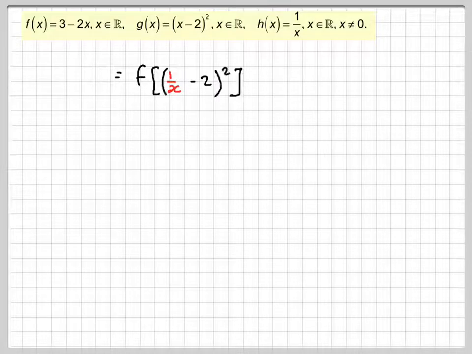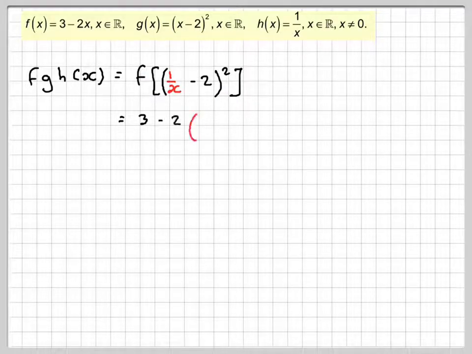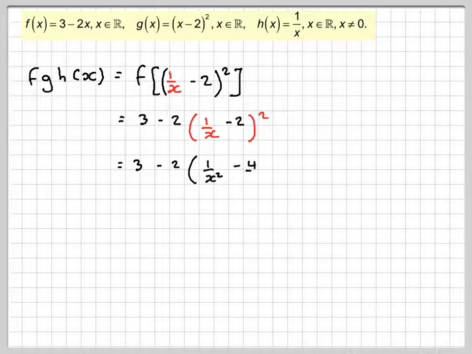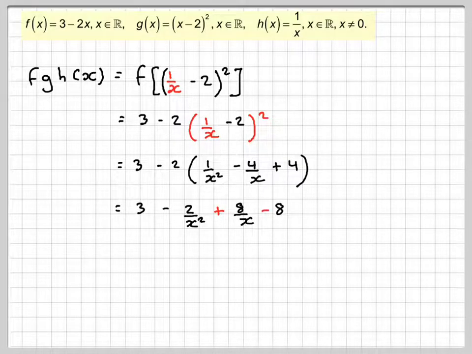So writing that out again, f of g of h of x is going to be, now what we do is we put 1 over x minus 2 into f. So we're going to have 3 minus 2 times (1 over x minus 2) all squared. Expanding that, we have 1 over x squared minus 4 over x plus 4. Multiplying the bracket, we get minus 2 over x squared plus 8 over x minus 8.